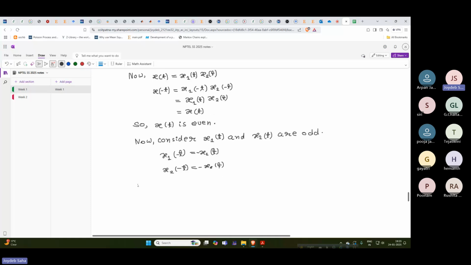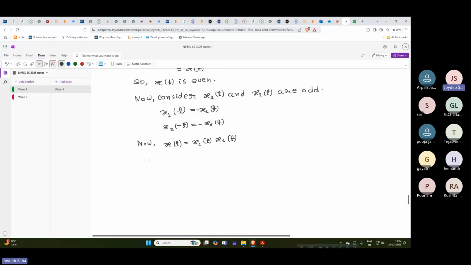So now the product: if x(t) is x1(t) multiplied with x2(t), then x(-t) is x1(-t) multiplied with x2(-t).